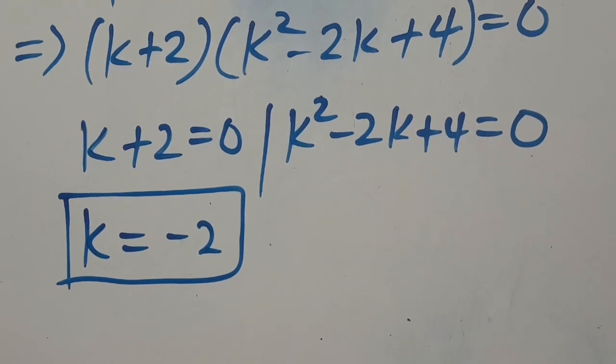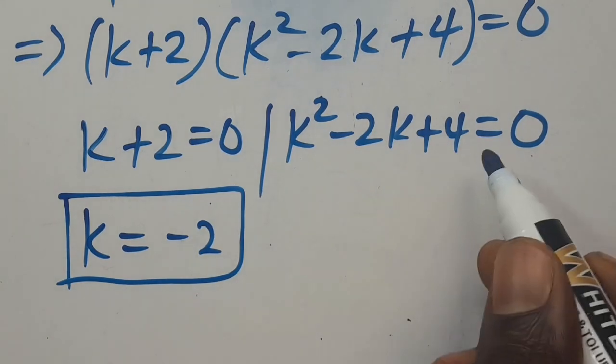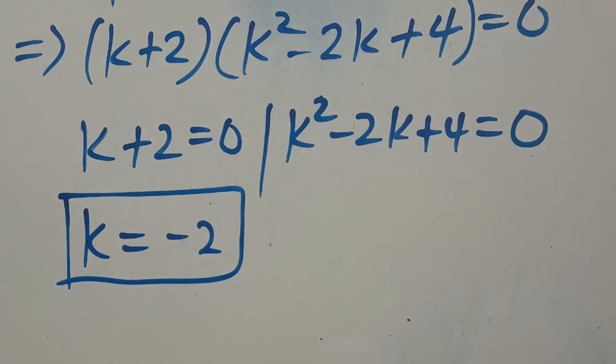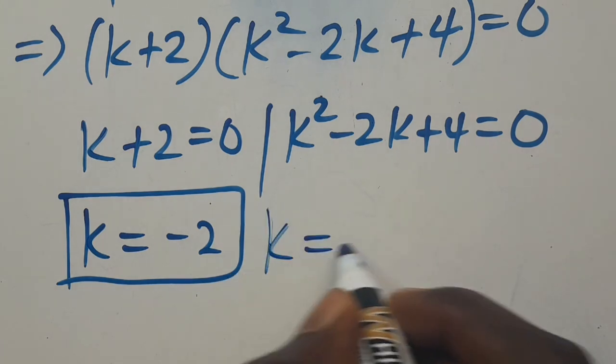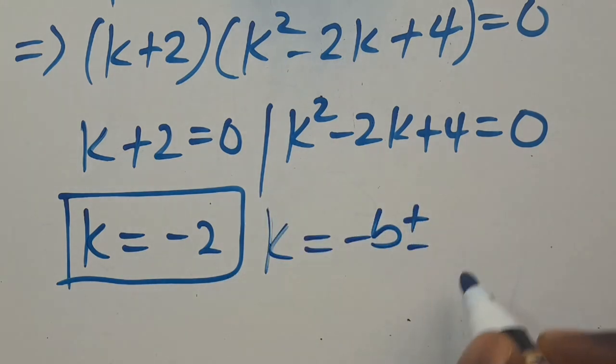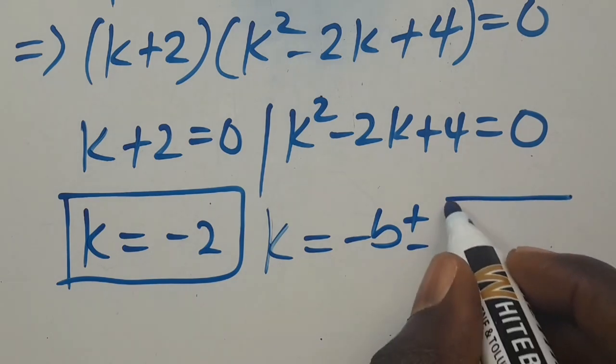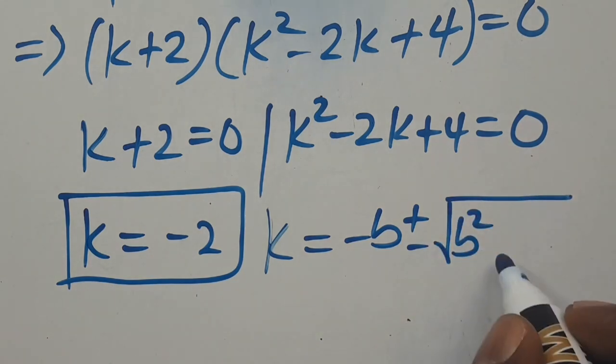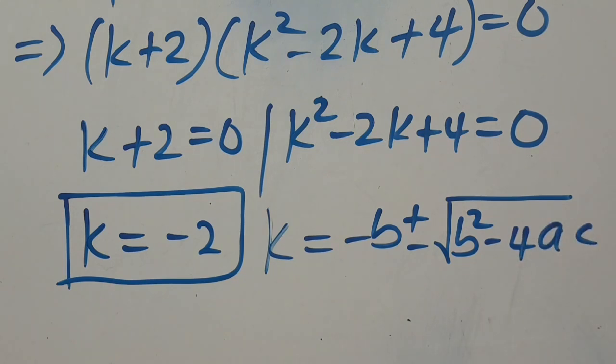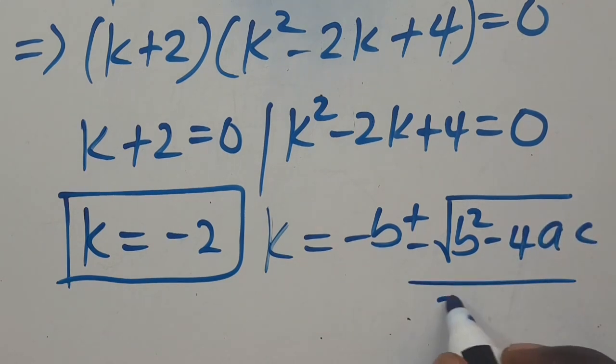Now, from here, this is a quadratic, and we can apply the quadratic formula, k equals minus b, positive or negative, square root of b squared minus 4ac, all divided by 2a.